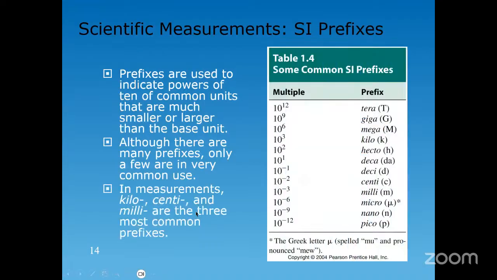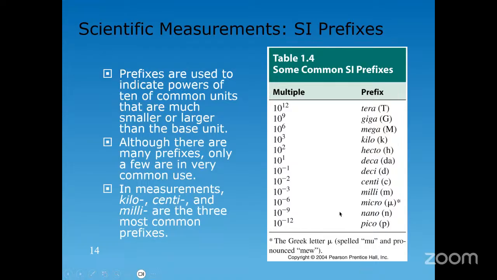So this here is a small sample of the different prefixes. The more comprehensive ones are provided in the packet that I showed you guys that is posted in Canvas, right? So just to highlight a couple of them. 10 to the 9, that's giga, all right? 10 to the 6, that's mega. 10 to the 3, that's kilo.